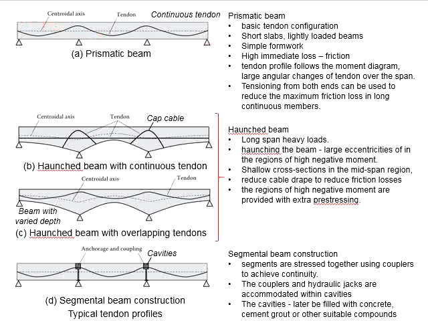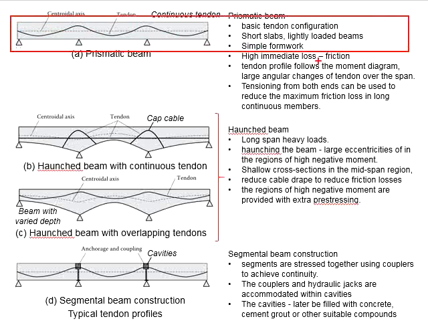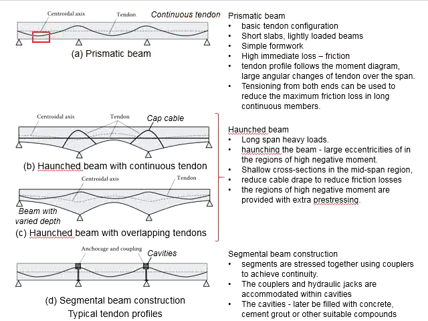In the case that you have a much longer span, due to the increasing number of turns of the curvature, the frictional loss is still high, then you could consider using this segmental beam construction. That means the beam is stressed segment by segment, which is later to be ensured continuity at these cavities.